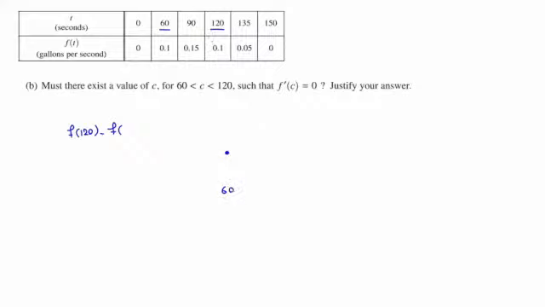F of 60 is 0.1 and f of 120 is 0.1. If we consider the slope of the secant line, f of 120 minus f of 60 over 120 minus 60, the numerator is 0.1 minus 0.1, and 120 minus 60 is 60, so it will be 0, and it will be a horizontal line between them.